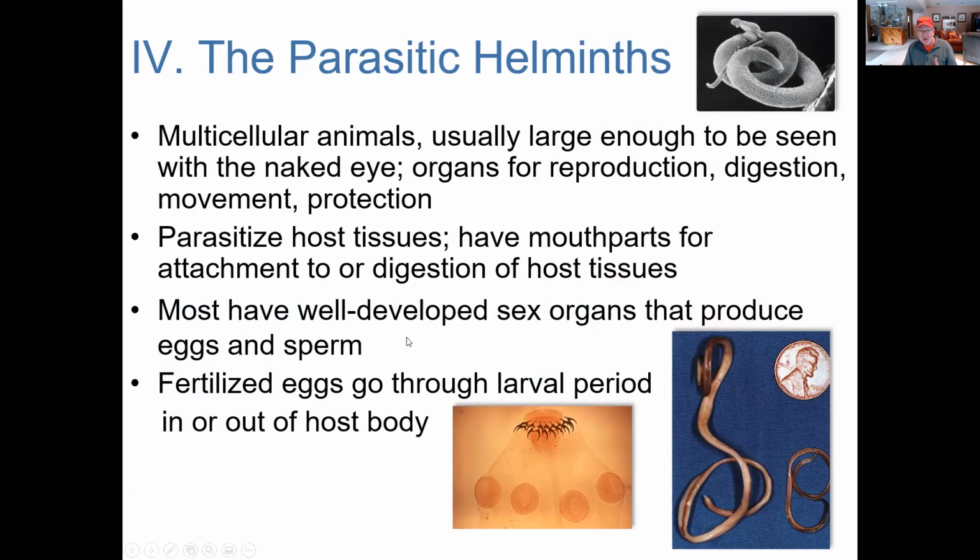They're often just super well developed organisms that have lots of organs to produce eggs, and those eggs combine with sperm to form fertilized eggs, as you'll see, that can pass out in your feces and contaminate the environment.